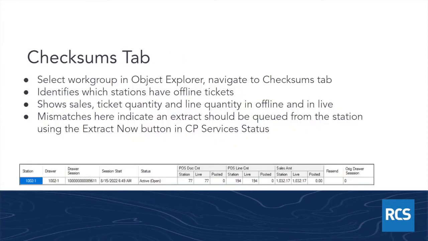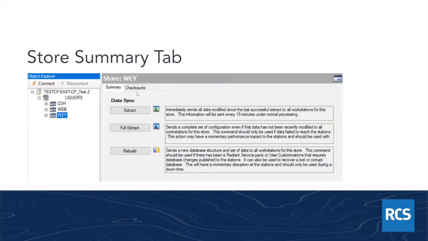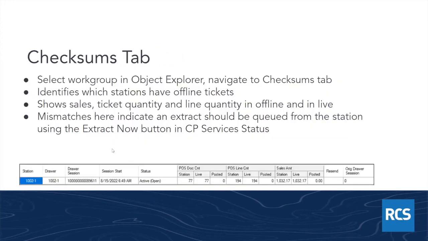The checksums tab, which I'm going to go back right up here, you can click here to get to the checksums tab. And from the checksums tab, you can see a list of all registers in that work group that have recently used offline. It'll show you the number of documents on the station and in live.